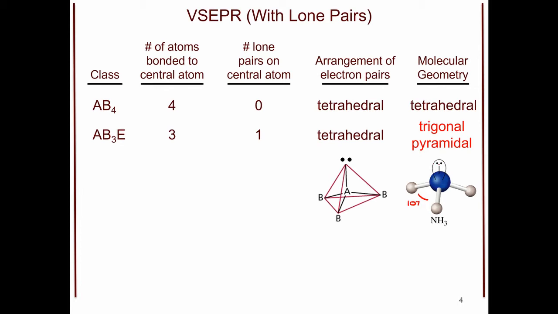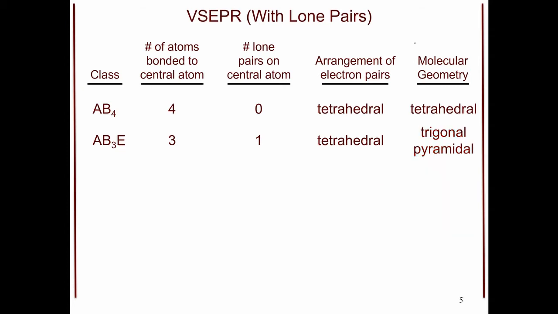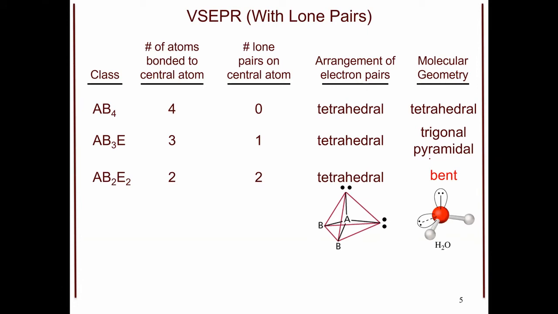What we can also do is now go and remove another atom and make a second lone pair. That is going to be the AB2E2 group. So now we are going to have 2 bound atoms, 2 lone pairs, and while this is tetrahedron by electron pair arrangement to start off with, this is going to be the second version of a bent molecule.